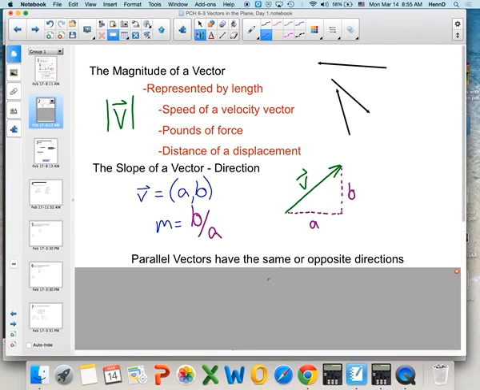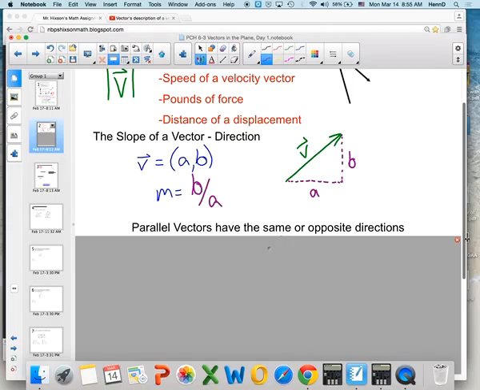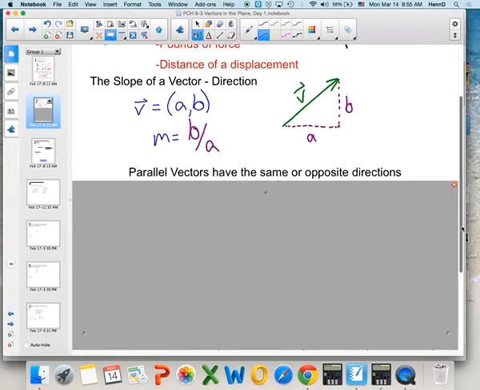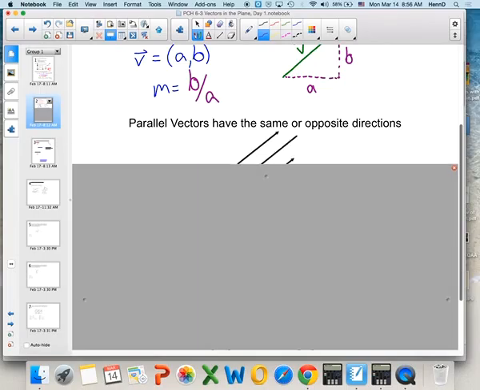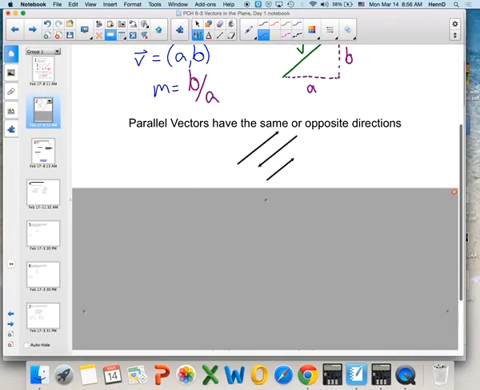Now, here's something that's kind of interesting: you can have parallel vectors and actually not be going the same direction. Okay? They are vectors that are going to go either the same direction, like this one and this one, or they could go opposite directions. Okay?